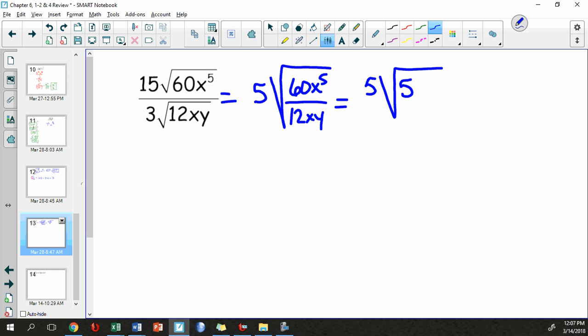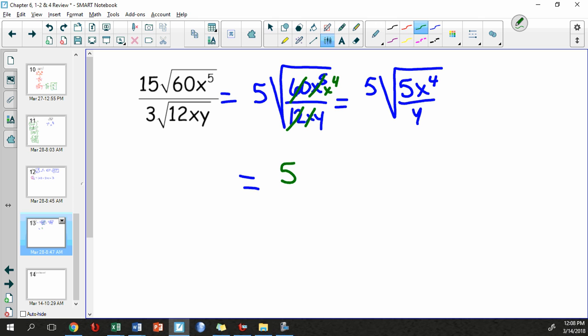How many do I have in the bottom? 1. So if I take 1 from the bottom and the top, what am I left with? 4 of them, where? In the top. So that means this is gone, and this is gone, and this is gone. And this turns into the x to the 4th. And what you're left with is a y on the bottom, correct? Yes or no? Now, divorce them.